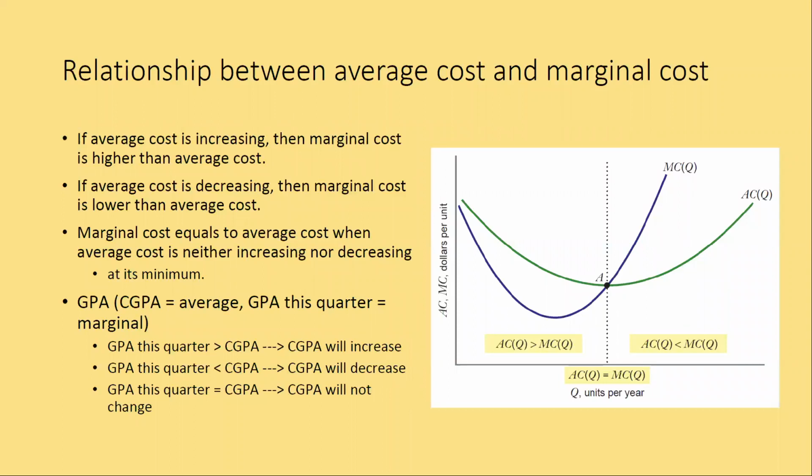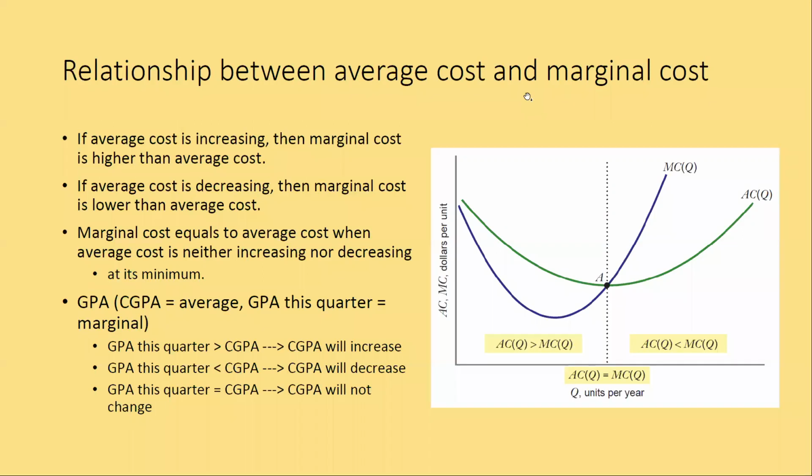So this fact is saying that if the average cost is increasing, then the marginal cost is higher than the average cost. Or we can flip the order. If the marginal cost is higher than the average cost, then average cost is increasing.